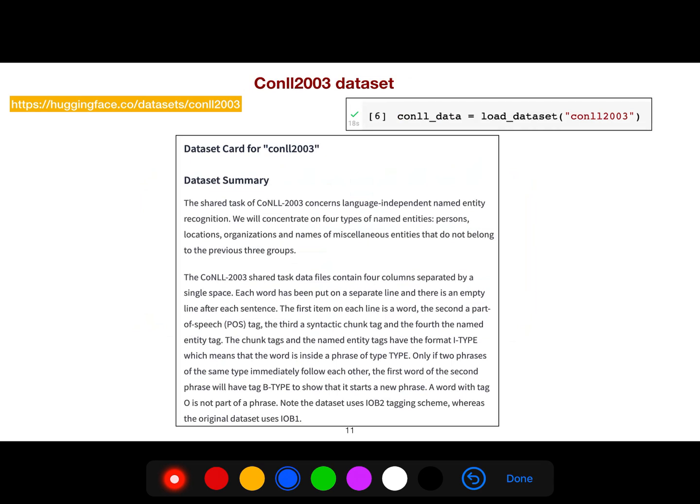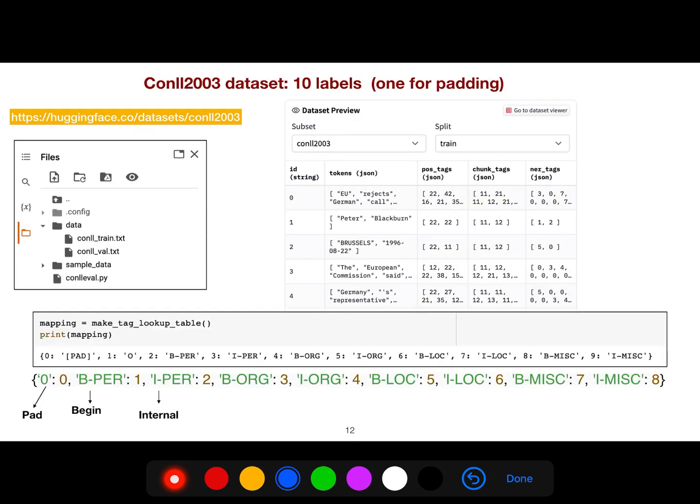And I used the CoNLL 2003 data, so it's very popular. Many people use it. And it is in Hugging Face. And as you see, this library provides it. If you go to the Hugging Face website, you will notice this. You can read about it as well.